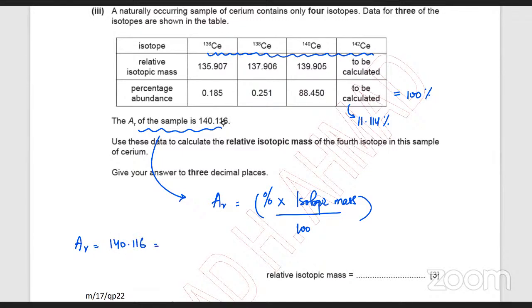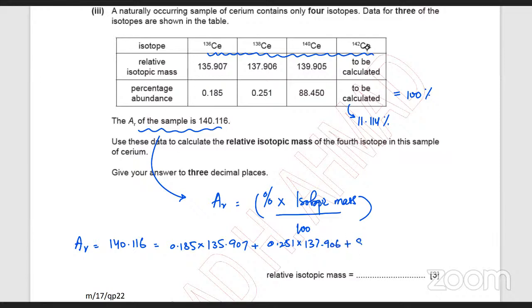We know how this is calculated. You take the percentage. The percentage for the first one is 0.185, and it's going to be multiplied by what? 135.907. Here's the second one. What's the percentage of this second one? That's 0.251%, multiplied by its mass, which is 137.906.